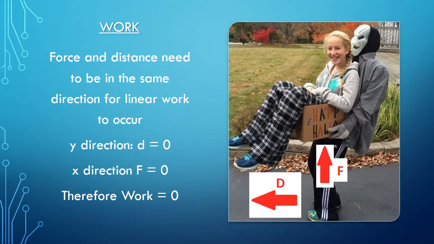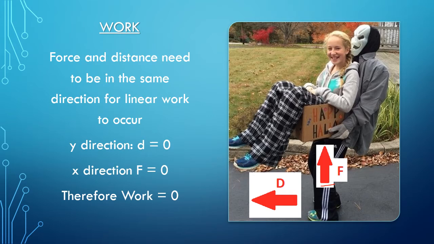Now in this diagram here, there's also no work being done, because you need force and distance to be in the same direction in order for work to occur. The force that is being applied is upward, right? Lifting that box up.